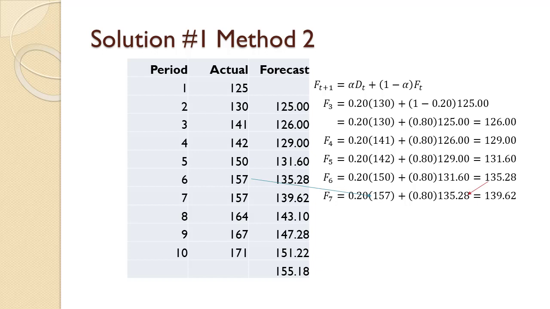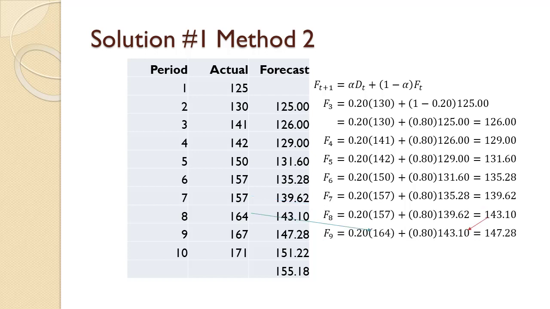This all equals 139.62. For period 8, F8 equals 0.20 times 157 plus 0.80 times 139.62. This all equals 143.10. For period 9, F9 equals 0.20 times 164 plus 0.80 times 143.10. This all equals 147.28.